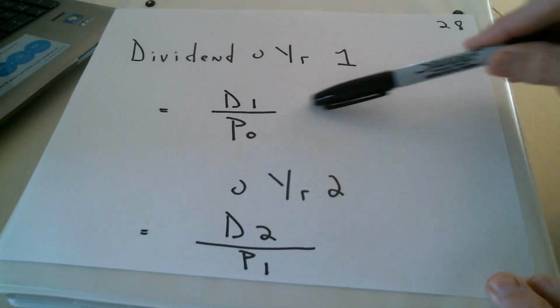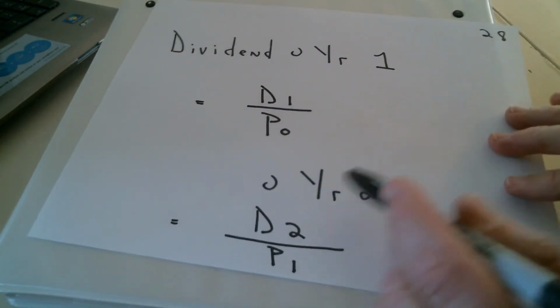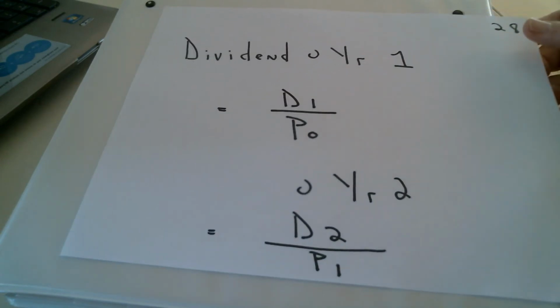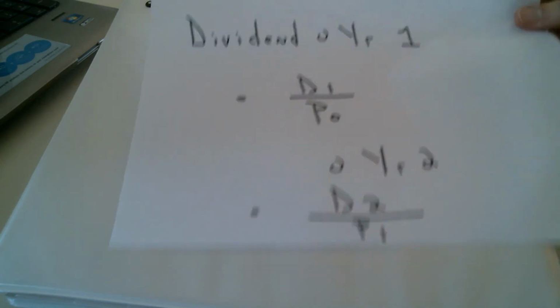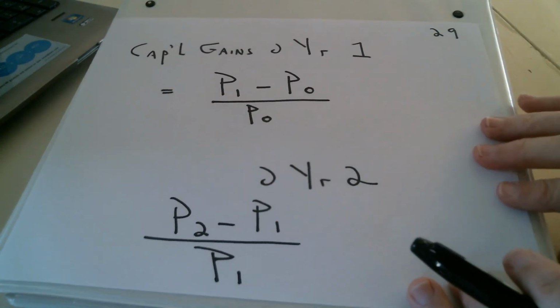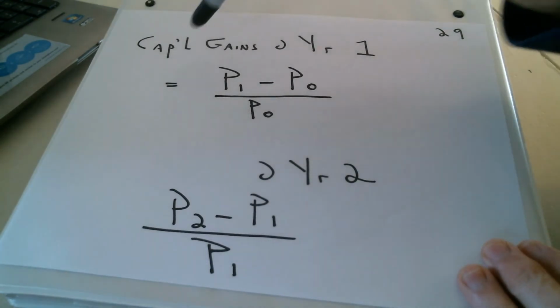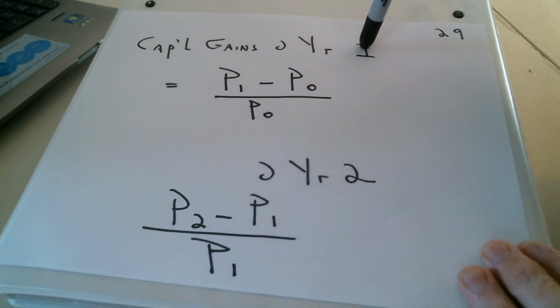We went over that with the stock. Remember the stock yield, same mathematical formula. Now we're looking for dividends. And okay, same way with the stock gains, the capital gains yield. Here we're looking for the capital gains at year 1.